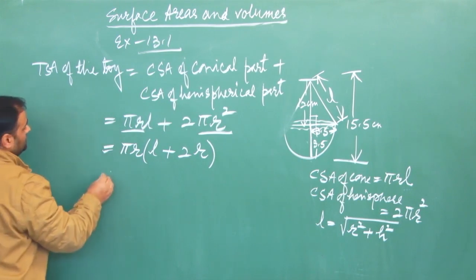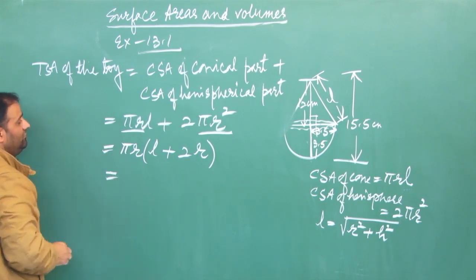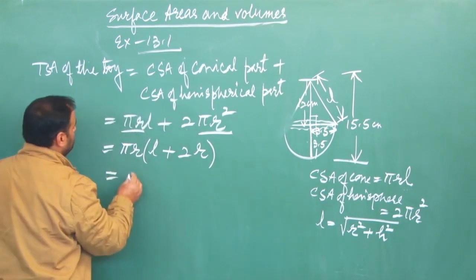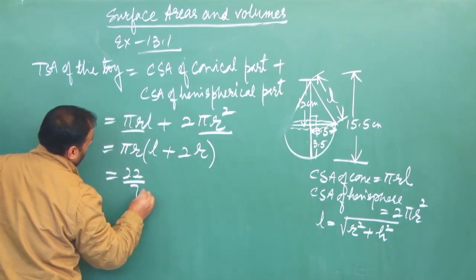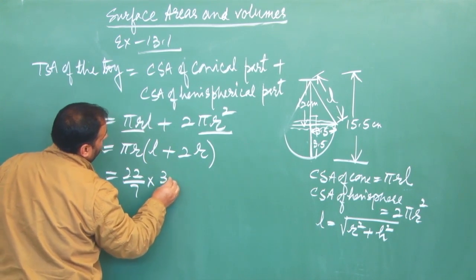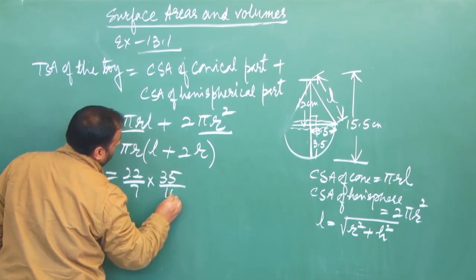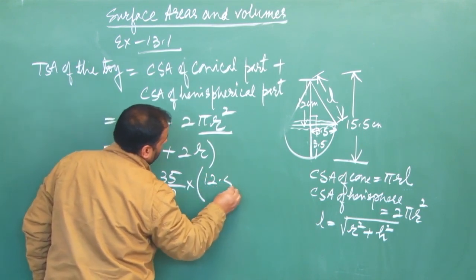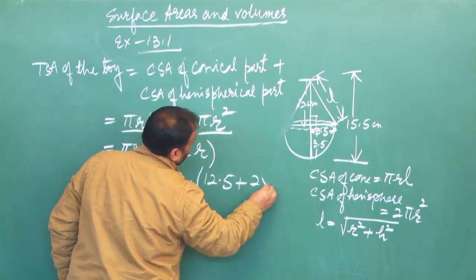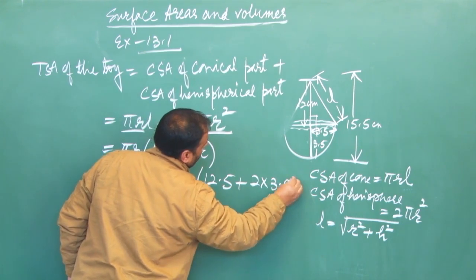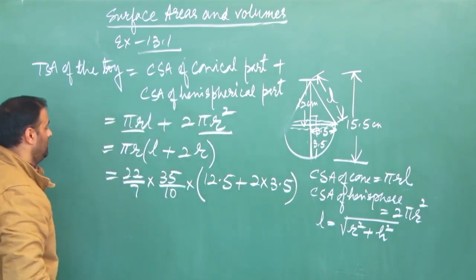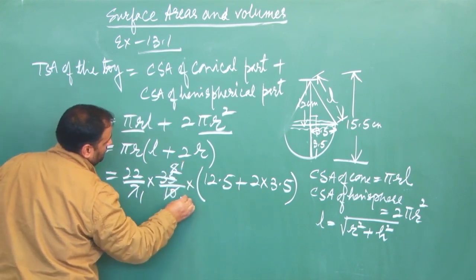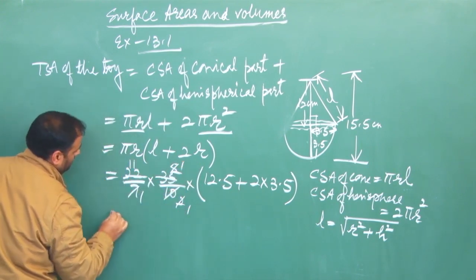Now we can insert the numerical values. Pi is 22 by 7, r is 3.5, you can write 35 by 10, L we got 12.5, and 2 into r is 7.